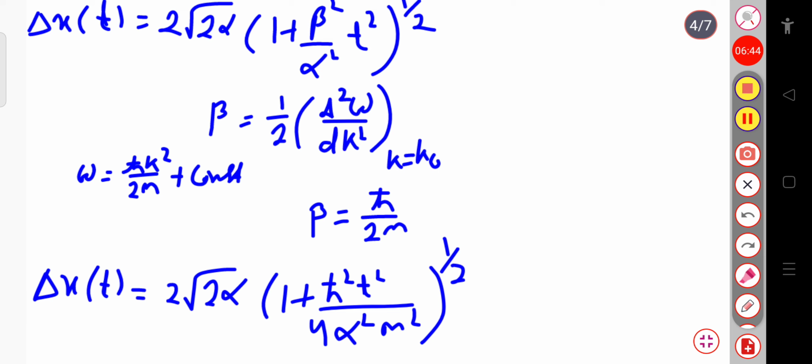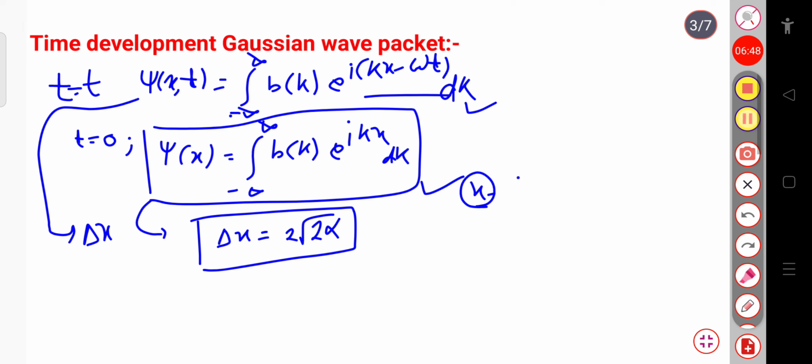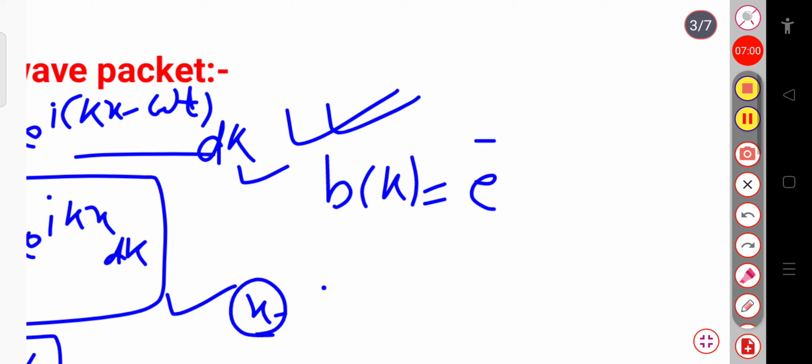I have just substituted the beta value in this expression. Here we have considered the Gaussian wave packet, and for this wave function, b of k is nothing but exponential minus (k minus k naught) whole square into alpha.